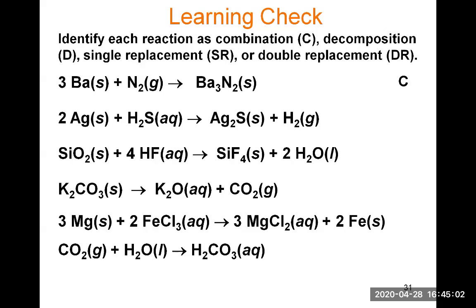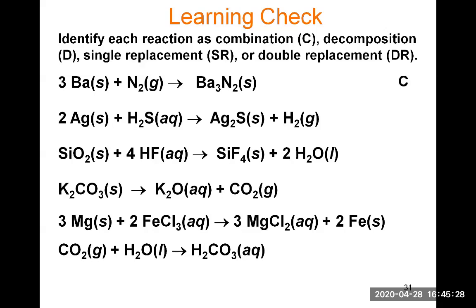Second example, 2Ag solid plus H2S aqueous gives Ag2S solid plus hydrogen gas. So here, if we look carefully, we start with an element. Ag is an element, it's by itself, and H2S is a compound.